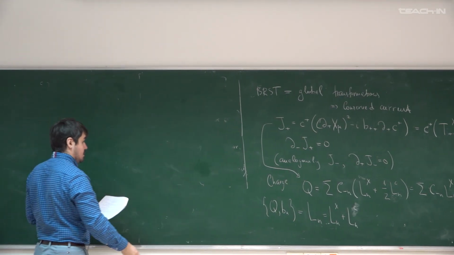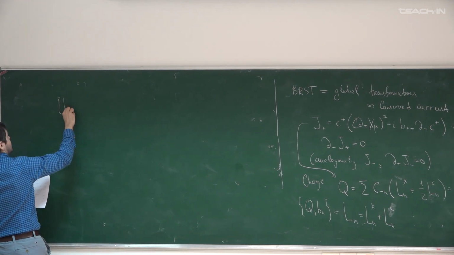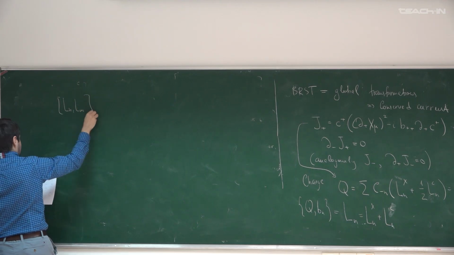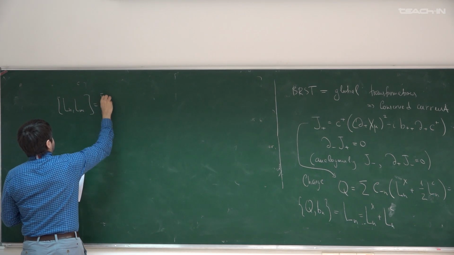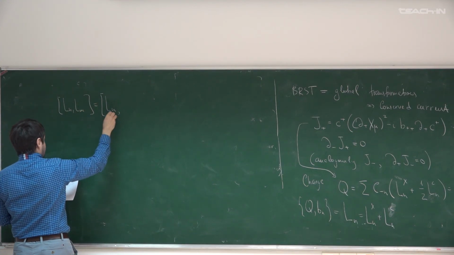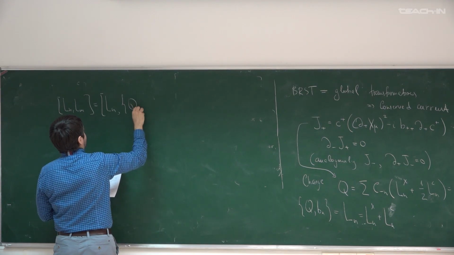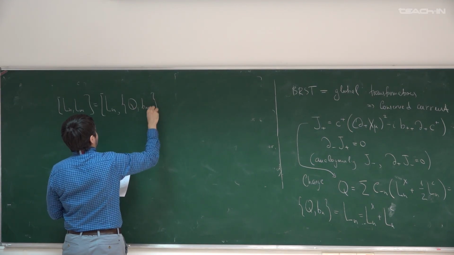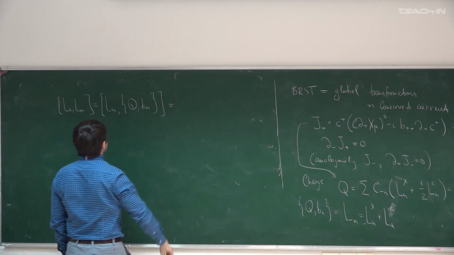First of all, using that last relation, let's compute the commutator of Ln with Lm. So this is the commutator of Ln with the full energy momentum tensor, which is Ln with {Q, Bm}.